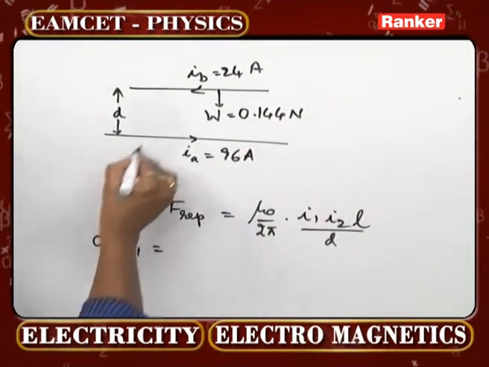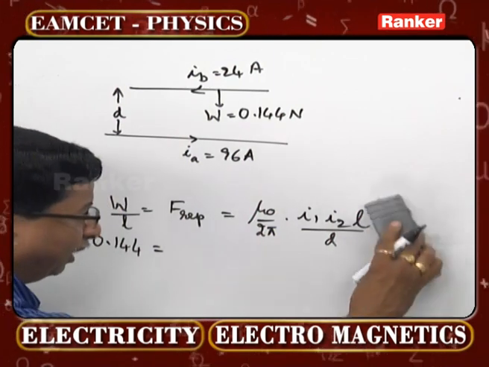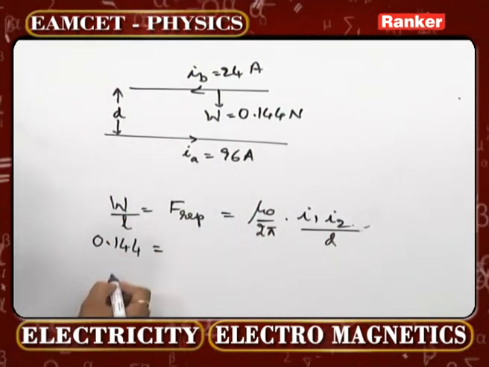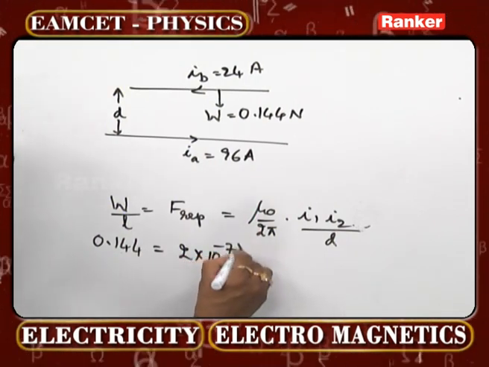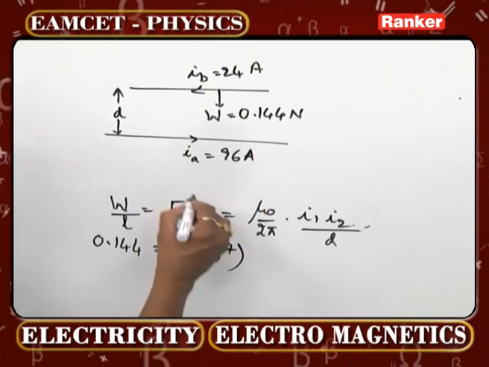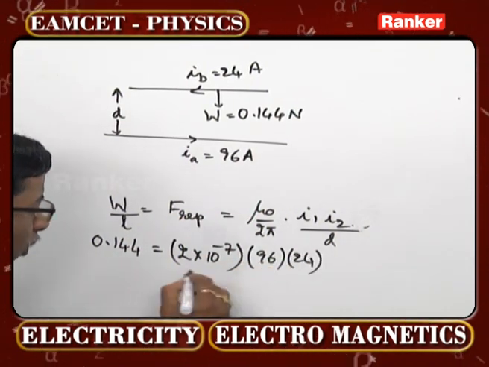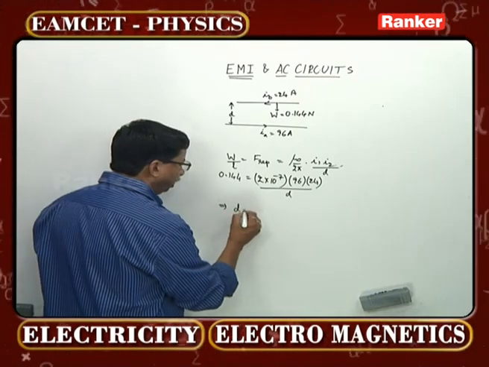But what has been given as weight here? You see, weight per unit length is given. That means this length he has brought to this side, so this is per meter. That is now 2 into 10 power minus 7, that is mu naught by 4 pi, into 96 into 24, whole divided by D. Now what is the value we want? D we want.